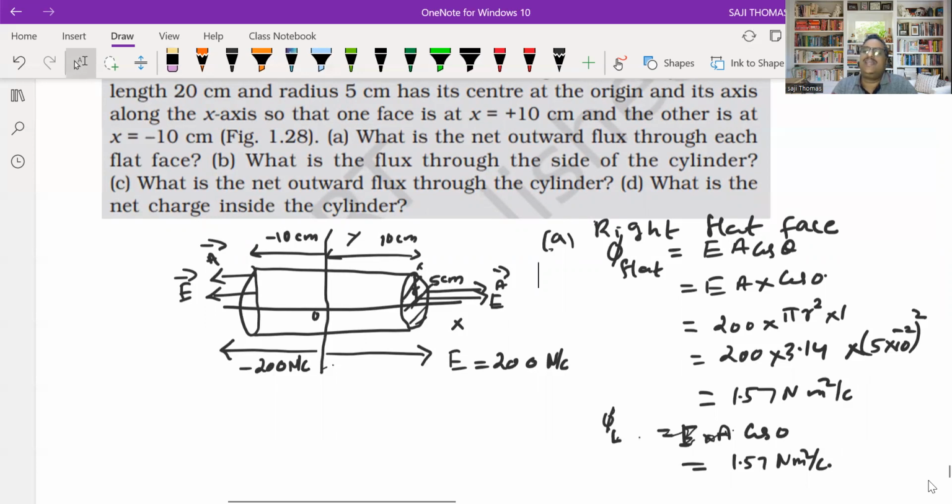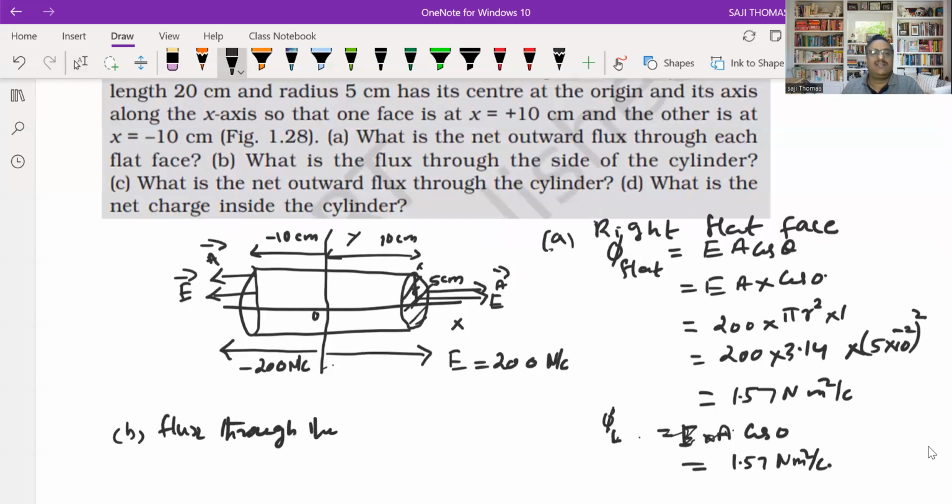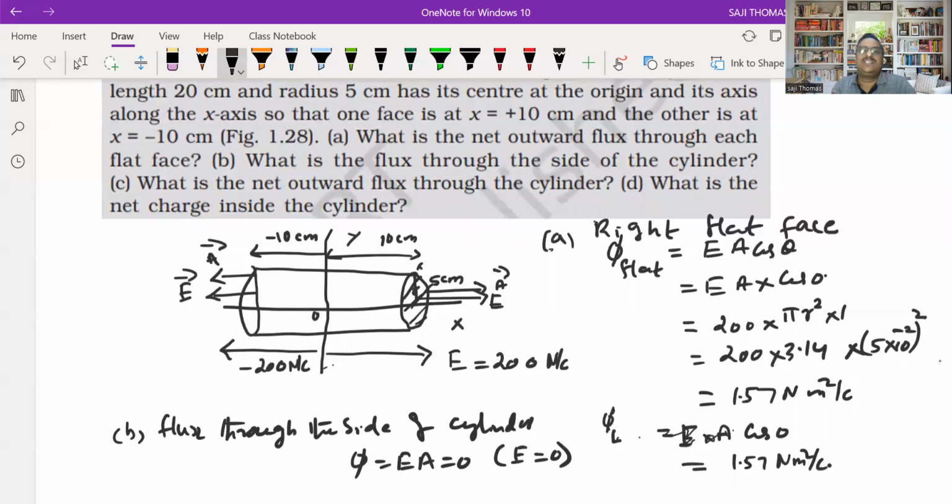So the flux through the side of the cylinder will be 0. Phi equals E into A equals 0. The reason is the electric field along the Y direction is 0, so the flux is 0.